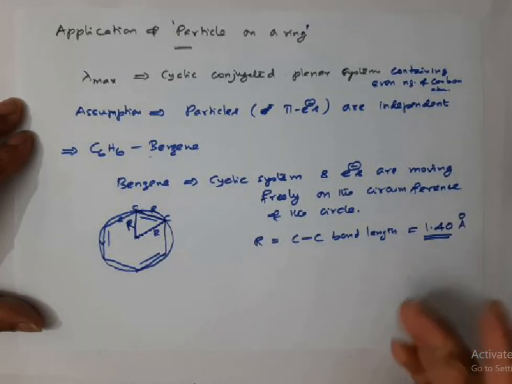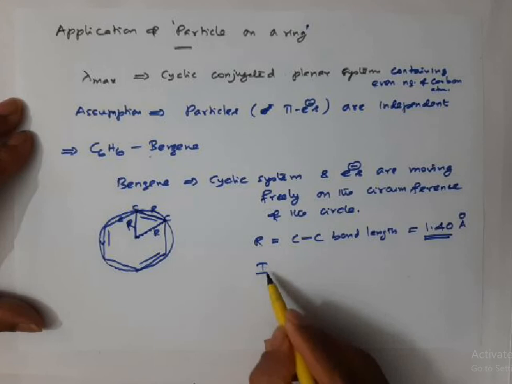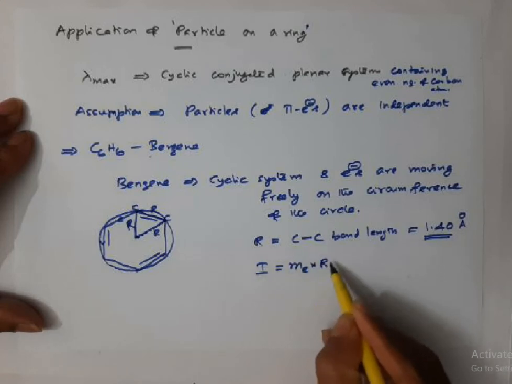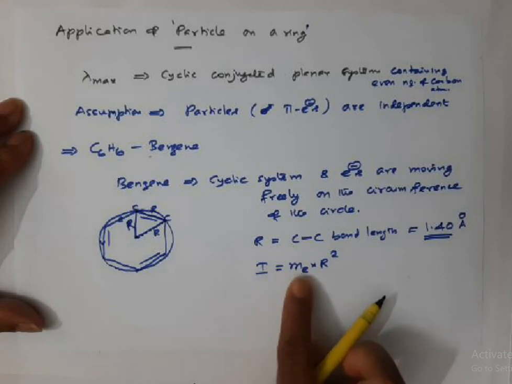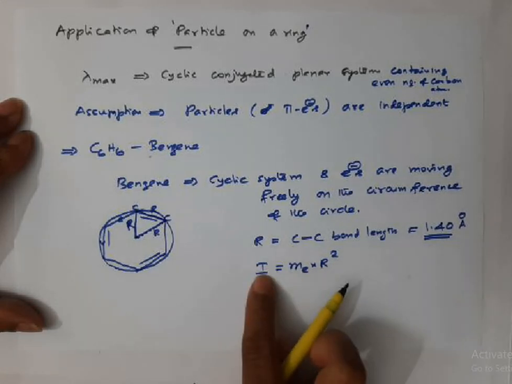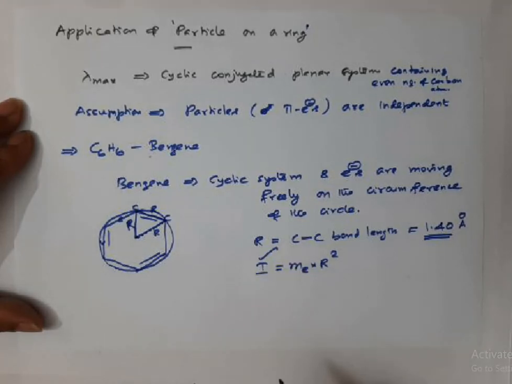If you know the radius, you can calculate the moment of inertia. I is equal to the mass of the electron times r squared. Here the particle mass is the electron mass. So the electron mass times the square of this radius will give you the moment of inertia.